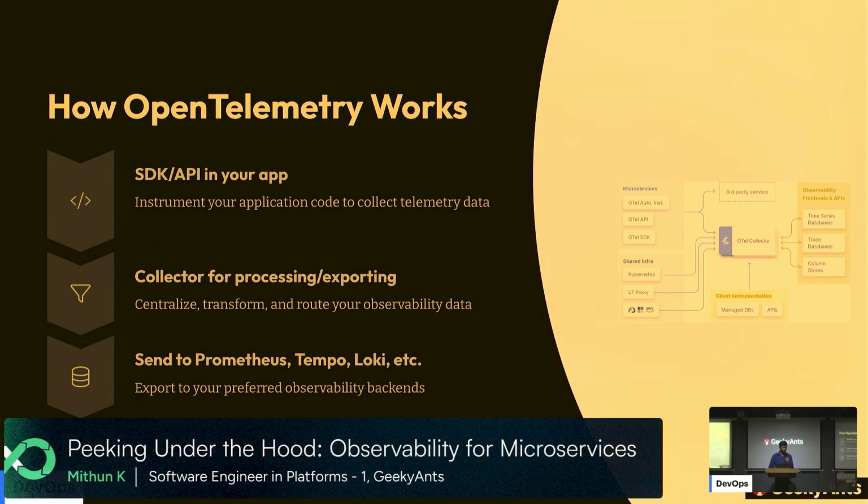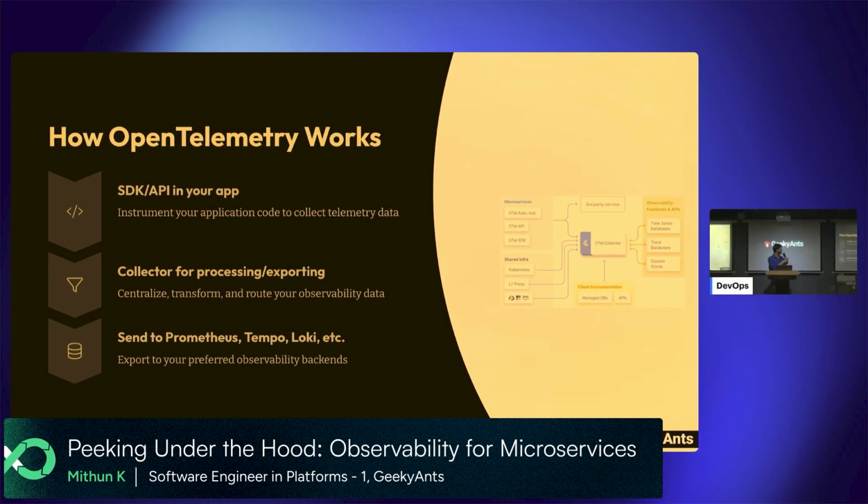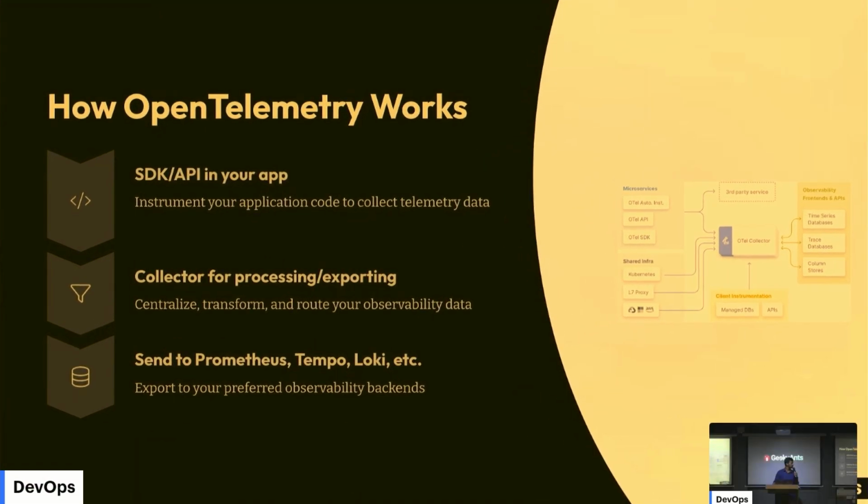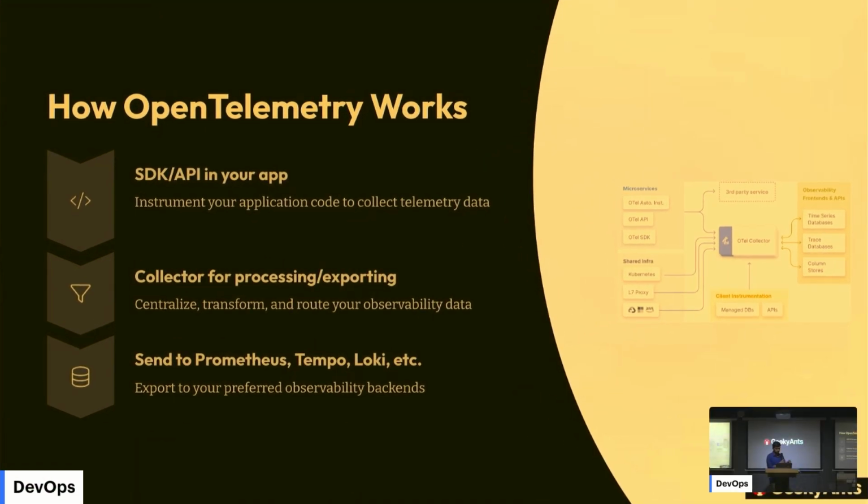How does OpenTelemetry work? Like I said, SDKs and APIs are provided by OpenTelemetry, which you can use for instrumenting your application, right? After implementing the SDKs, you will be exporting the data somewhere. If you can see over here, there's the OpenTelemetry collector, right?